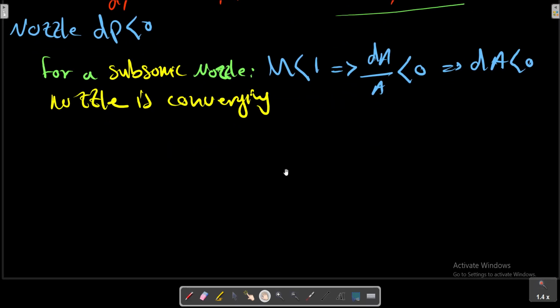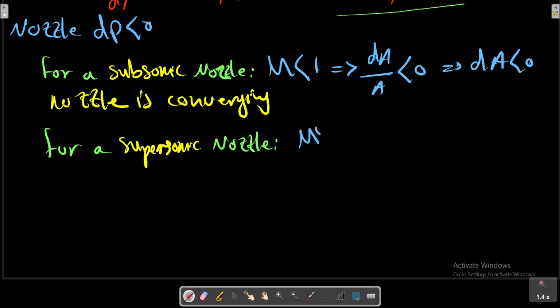For a supersonic nozzle, M greater than 1, dA greater than 0, the nozzle is diverging.